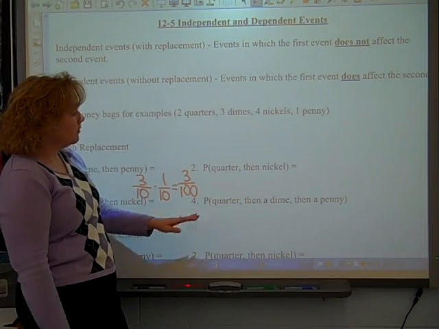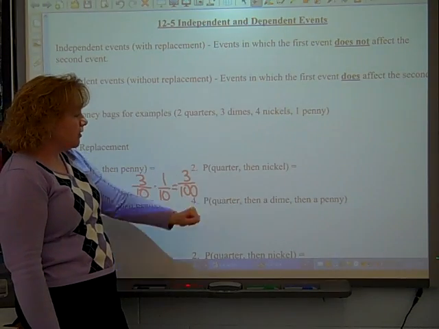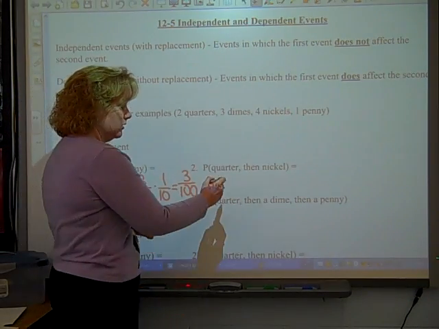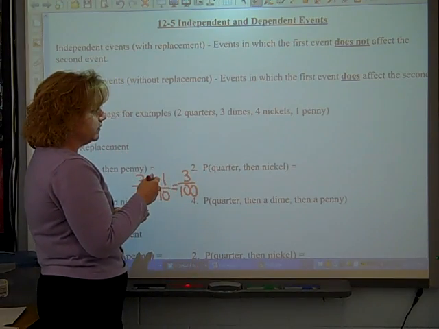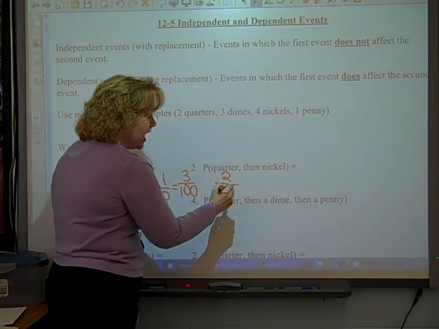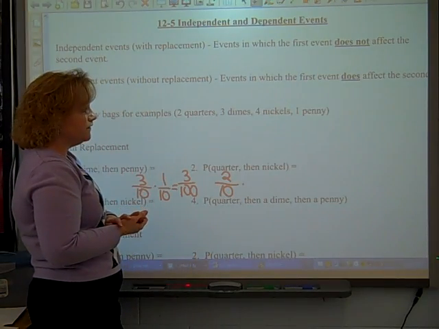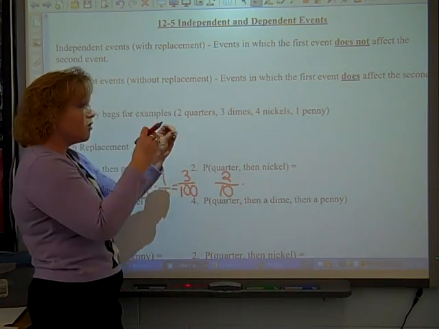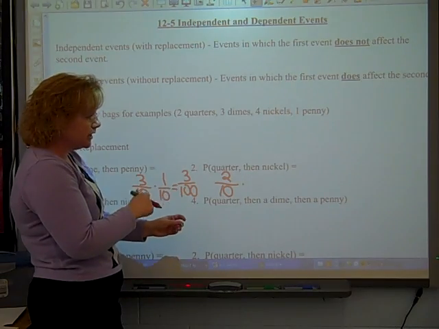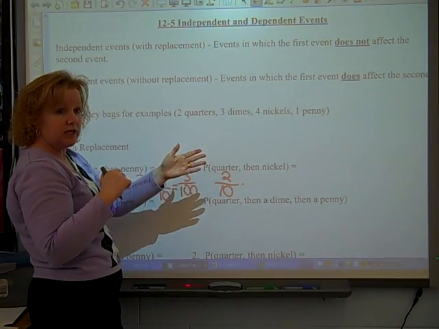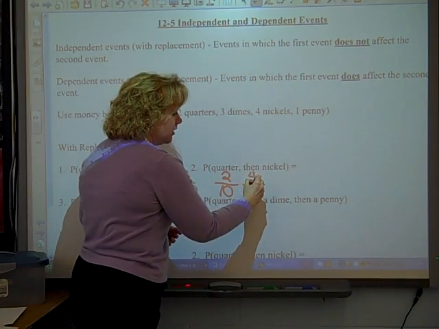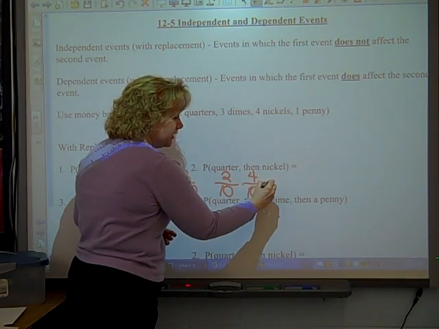Okay? Now, look at the next one. What's the probability of getting a quarter? So how many quarters do I have? 2, out of 10. Now remember, I'm putting that quarter back in. I'm replacing it. Then what's the probability of me getting a nickel? 4 out of 10, because I still have 10 coins.